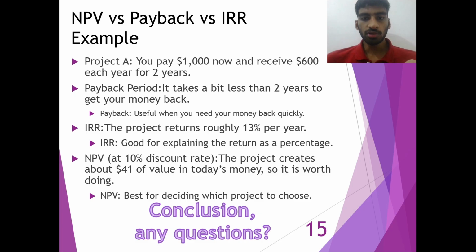Now for the NPV, we use a 10% discount rate and convert the two cash flow inflows into today's money. Then we discount the two $600 payments and subtract the initial $1,000 investment. The NPV is about $41 in today's money.